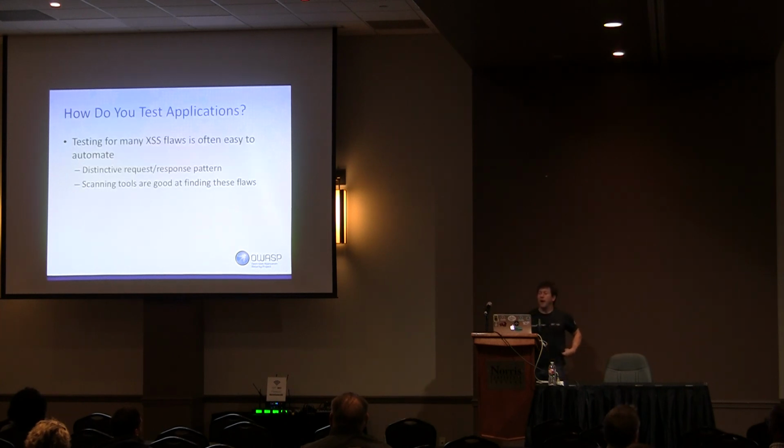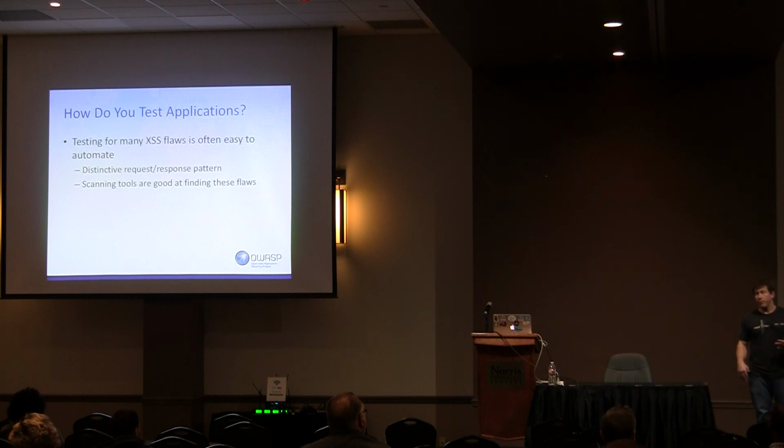So how do we test applications for cross-site scripting flaws? Again, a lot of cross-site scripting flaws have pretty good request and response patterns. For reflected cross-site scripting, if I know what parameters can be passed in, I can put HTML in those parameters, watch and see how the page gets rendered, and determine, hey, I passed in bracket script bracket.